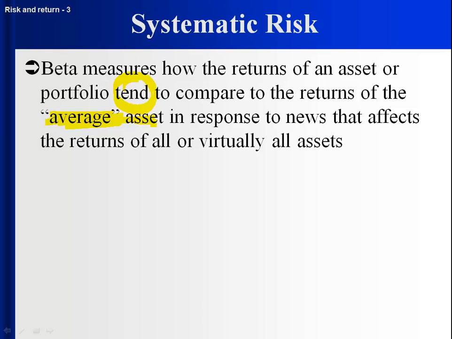So news comes out, and we'll make that the zero line, and the average asset tends to be up. Beta will tell us what a particular asset or portfolio is likely to do. Is it likely to be up? Is it likely to be up higher than this, lower than that? Is it likely to be down? That's what beta captures.